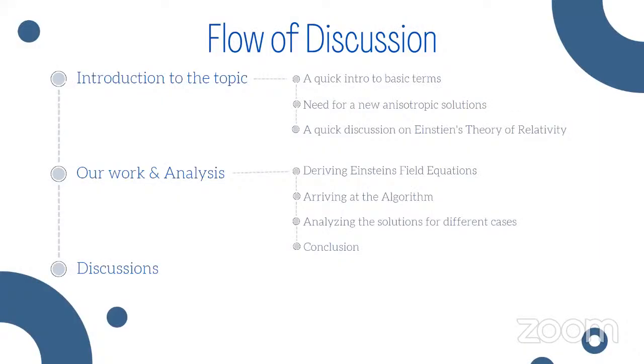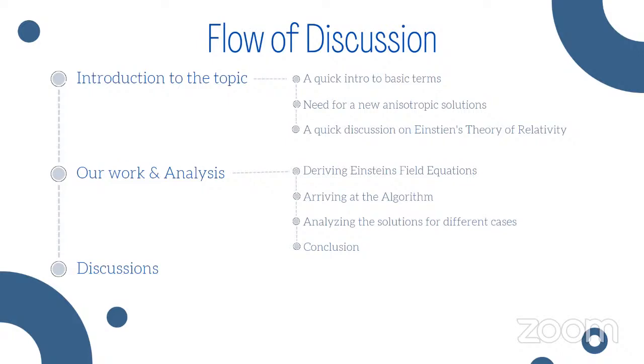Okay. So here we'll be discussing the flow of discussion. We will be starting with an introduction to the topic. We will start with a quick introduction to the basic terms and what is the need for new anisotropic solutions, followed by a quick discussion of Einstein's theory of relativity. Our work and analysis of this project basically comprises deriving the Einstein field equations and then using those equations to arrive at the algorithm.